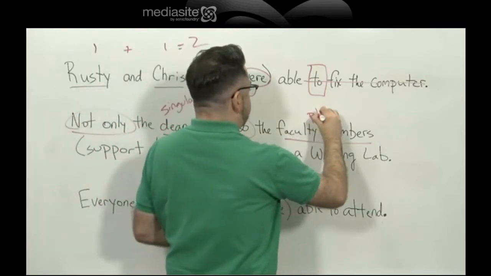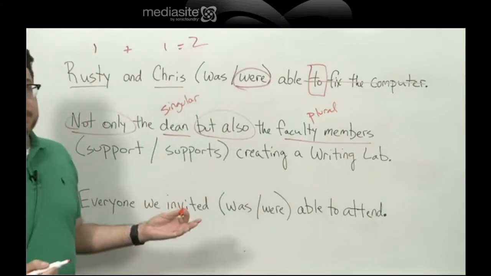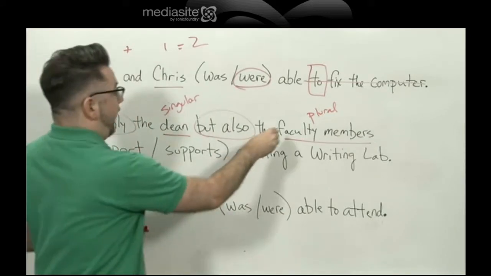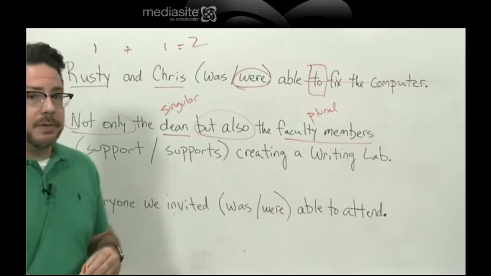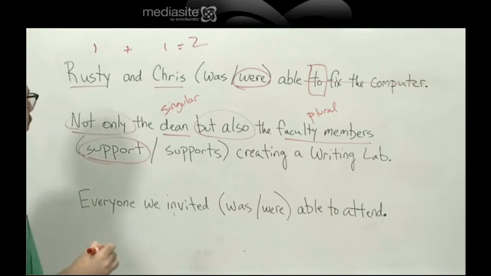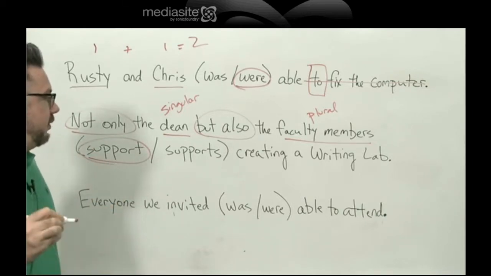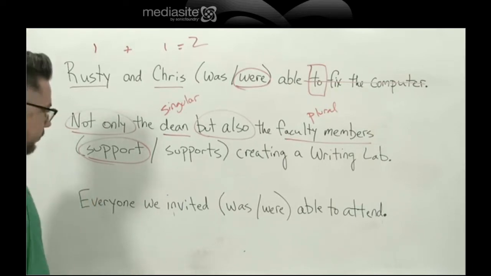Well, faculty members are plural. But which one is closest to the verb in the sentence? Well, faculty members is closest, so we're going to use the plural form of the verb, which is support. So not only the dean, but also the faculty members support creating a writing lab.